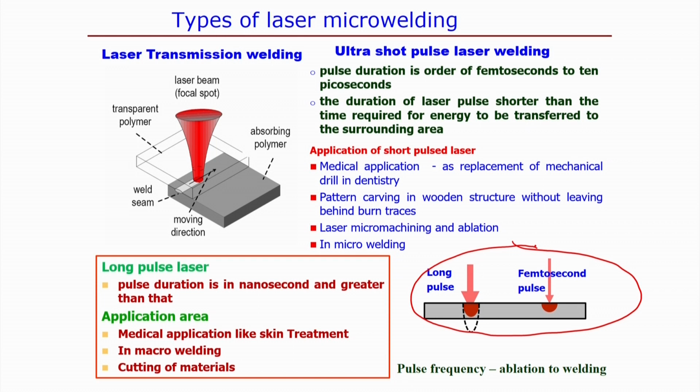The femtosecond pulse laser is very precisely focused into a very small area, and there may not be sufficient time for transmission of energy to the surrounding material. So, whatever processing is required may be confined to a very small area. That is the advantage of using the femtosecond pulse laser.